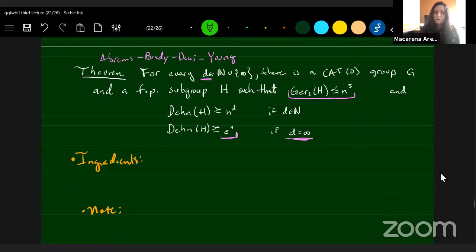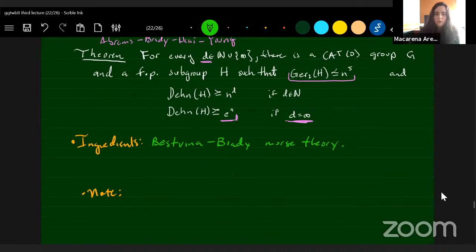The main ingredient to prove this theorem is Bestvina-Brady-Morse theory. So they use Bestvina-Brady-Morse theory to produce groups with interesting finiteness properties, and they produce a sort of mix of a group with interesting finiteness properties with a group that they know has a large Dehn function.